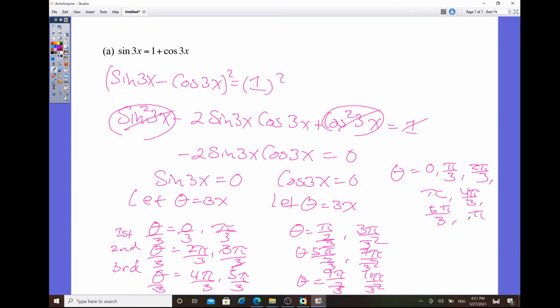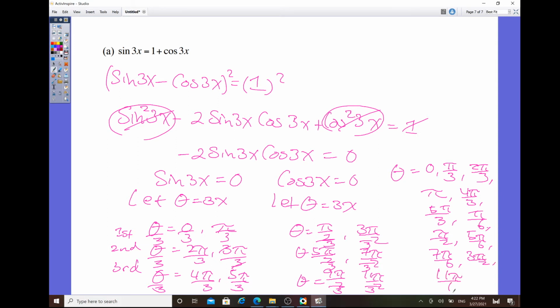Once you divide by 3, it could be pi over 6, 3 pi over 6, which is pi over 2, 5 pi over 6, that worked, 7 pi over 6, and then 9 pi over 6, reduced, which is 3 pi over 2, and then the last one, 11 pi over 6.